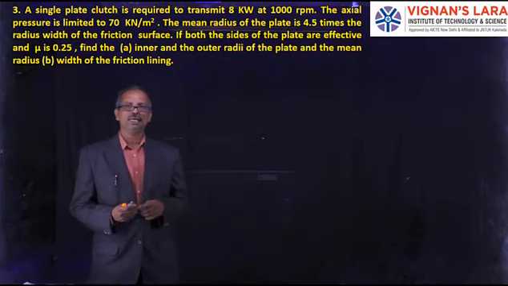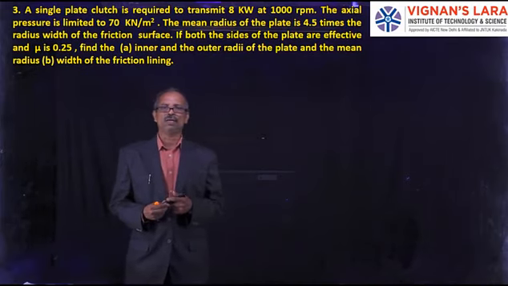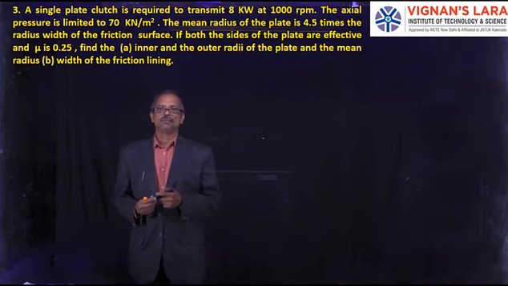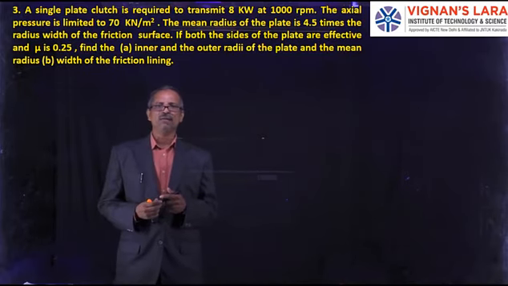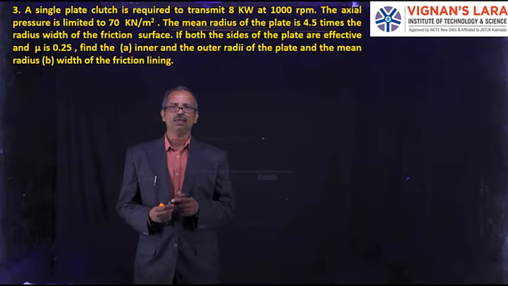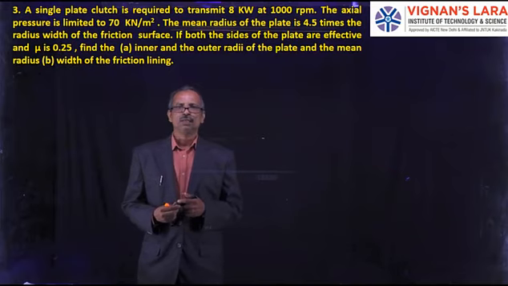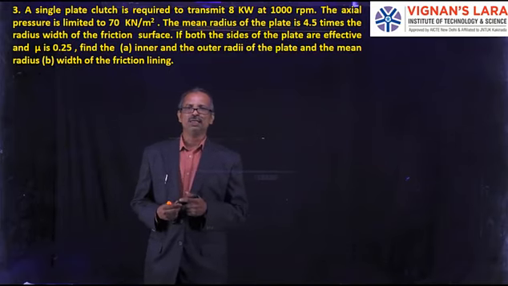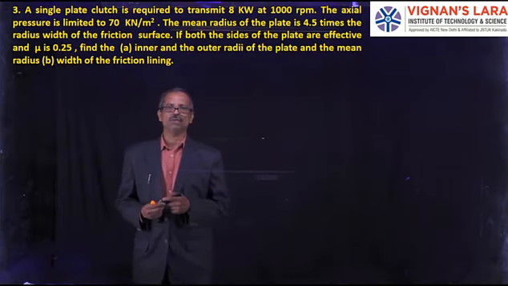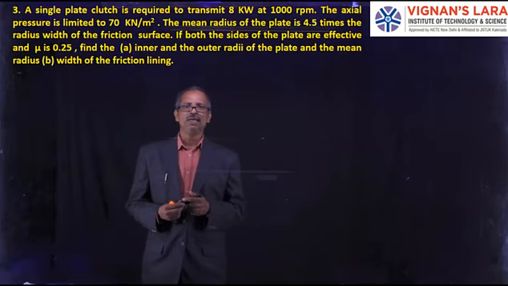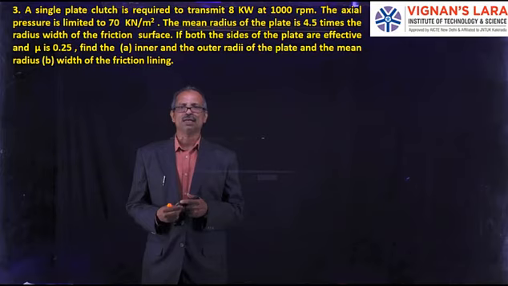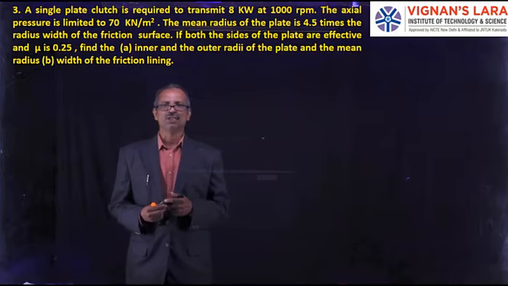So let us see another problem on single plate clutch. The problem goes like this. A single plate clutch is required to transmit 8 kilowatt at 1000 RPM. The axial pressure is limited to 70 kilonewton per meter square. The mean radius of the plate is 4.5 times the radial width of the friction surface.